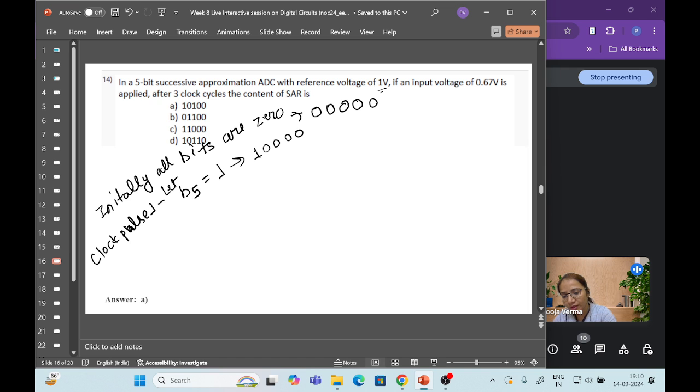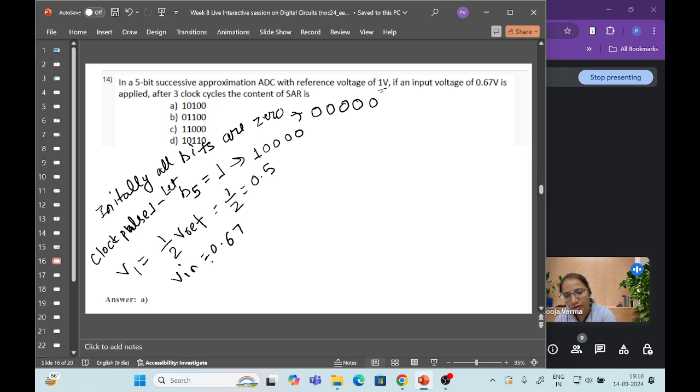So what will be the V1? If you have gone through the SAR, you will get it: 1/2 of V reference. The V reference is given as 1 volt, so it is 1/2, that is 0.5 volt. But Vin is given as 0.67.